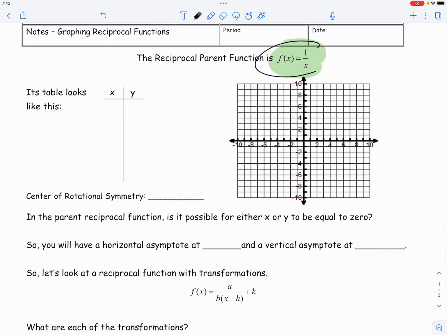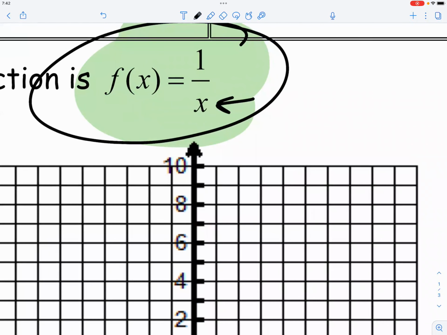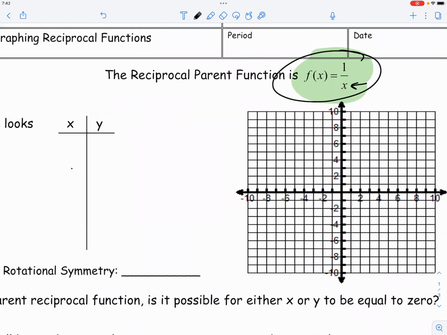All right, now, so here's something I want to show you here. Now, this is 1 over x, okay? So the number that we're going to put in will be in the denominator here, okay? Now, let me give you one simple, easy number. If x is equal to 1, what's y? 1, right? Now, I'm going to leave a little space, okay?